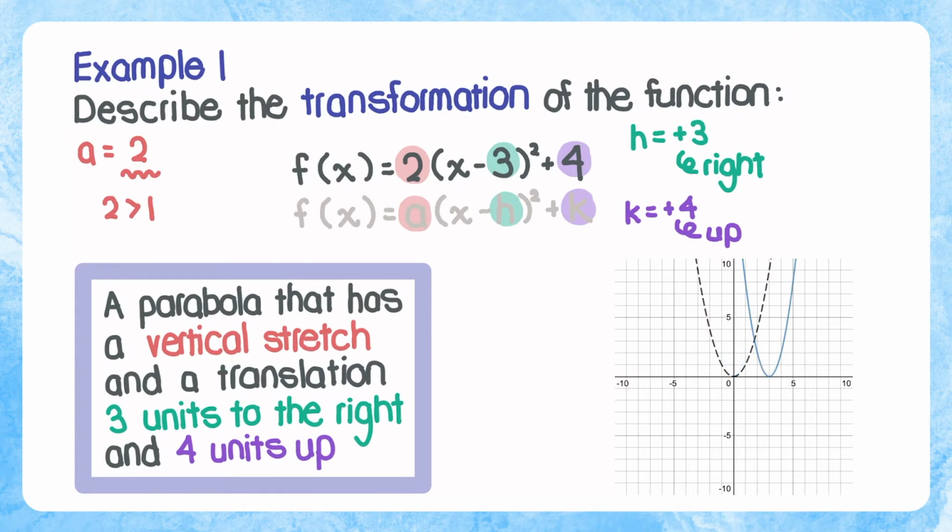And then we translate 3 units to the right. Lastly, we move 4 units up, so this is the graph of our given function. Also notice here, the vertex is at (h, k), or at the point (3, 4).